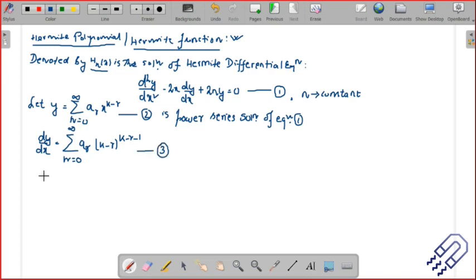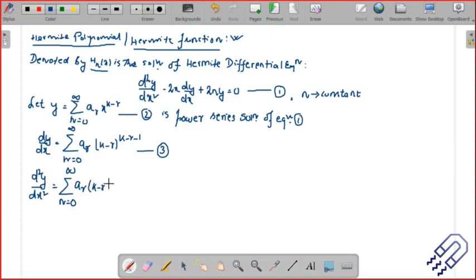Then we can find out the second order derivative. d2y/dx2 is equal to summation n equals 0 to infinity a_r (k minus r).